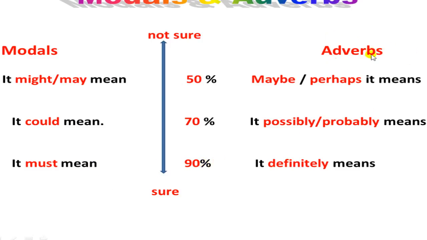You can use adverbs: maybe, perhaps it means, it possibly means, it probably means, it definitely means. From not sure to be sure. Maybe, not sure; definitely, sure.